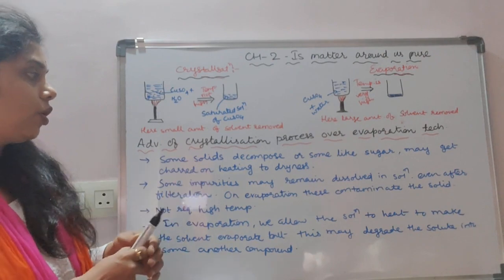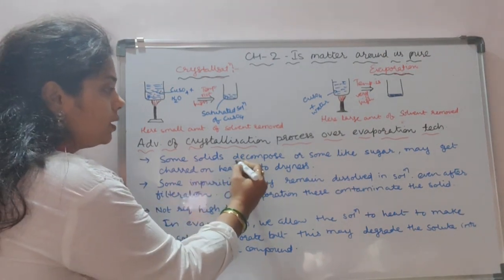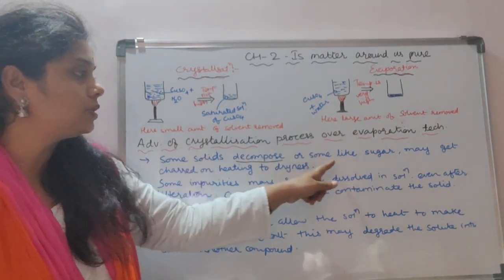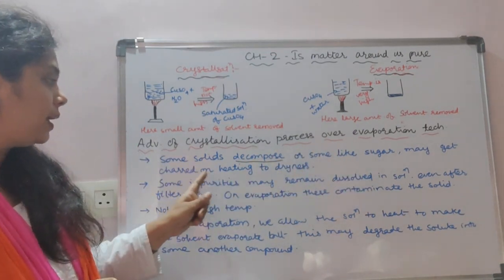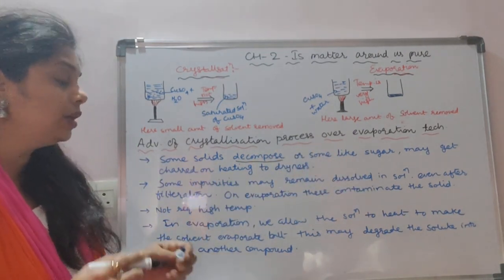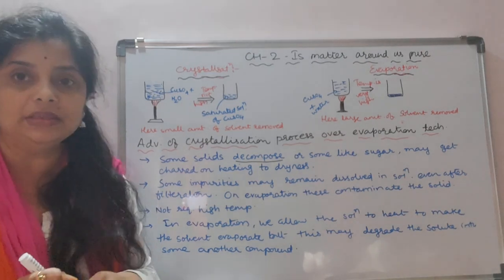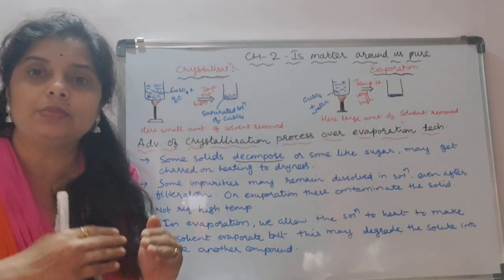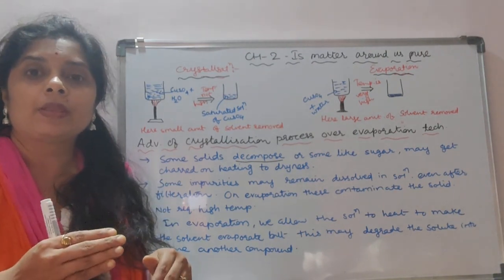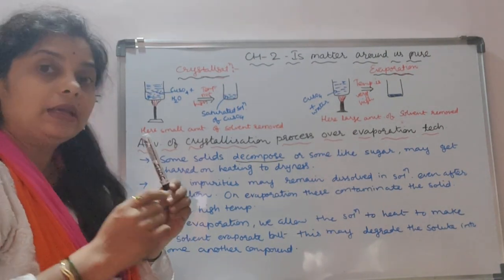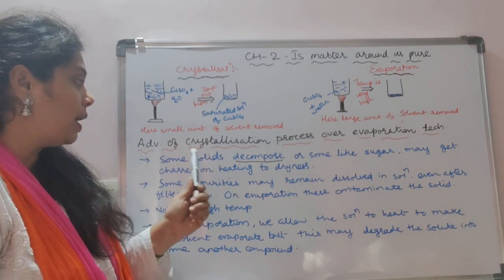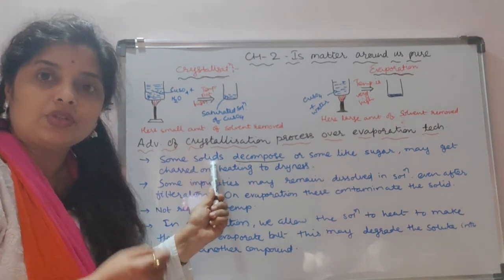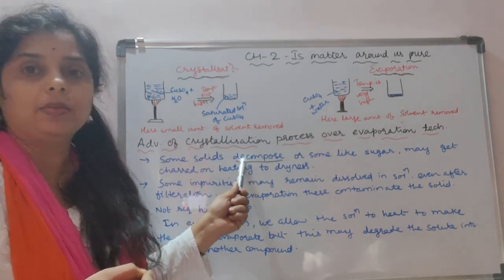Some solids decompose, or some, like sugar, may get charred on heating to dryness. What does it mean? If we do evaporation, we remove the maximum amount of solvent, and it may happen that the solid, meaning the solute, is decomposed.